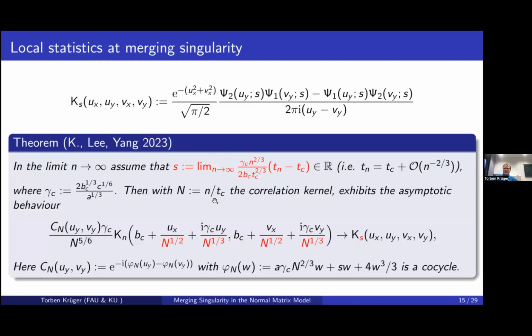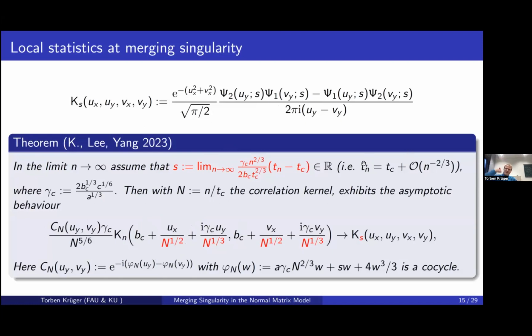And now what we look at is exactly this very tiny neighborhood of the singularity with this anisotropic scaling. So in the x direction, n to the minus 1/2, and in the y direction, n to the minus 1/3.